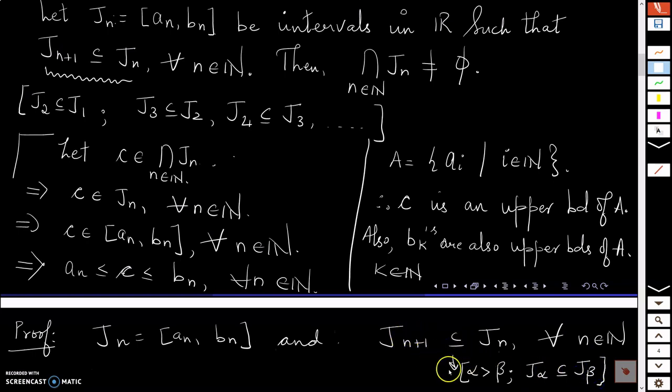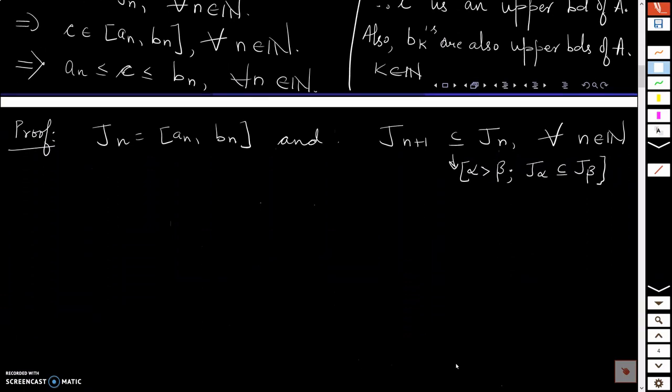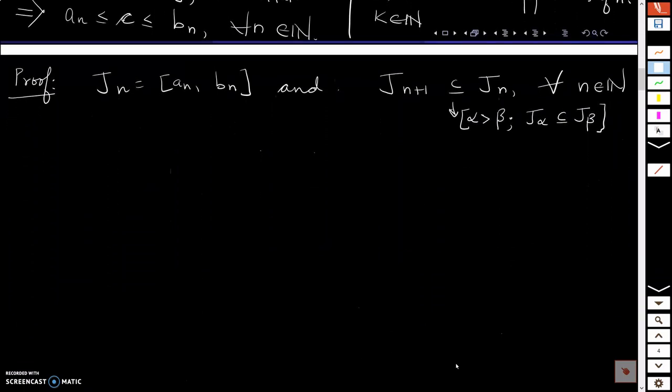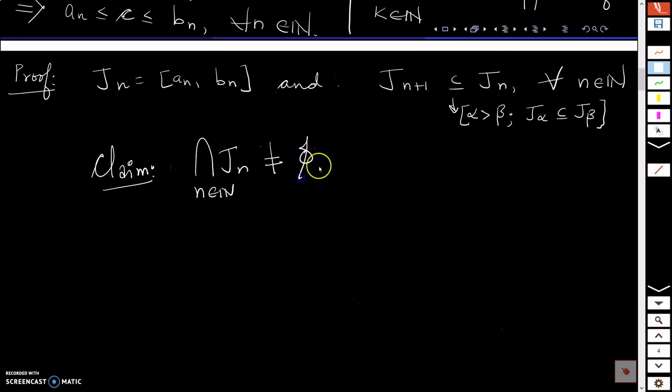All right. So that's what that condition means. And what we need to prove, that is the claim, is that the intersection of all the J's is a non-empty set. So we need to find a point in this set.